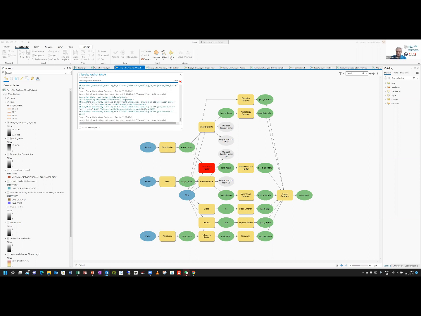So our model is nearly finishing. We are in the second to last processing step. Okay, this is the last step that's running now. It's combining all our resulting rasters.